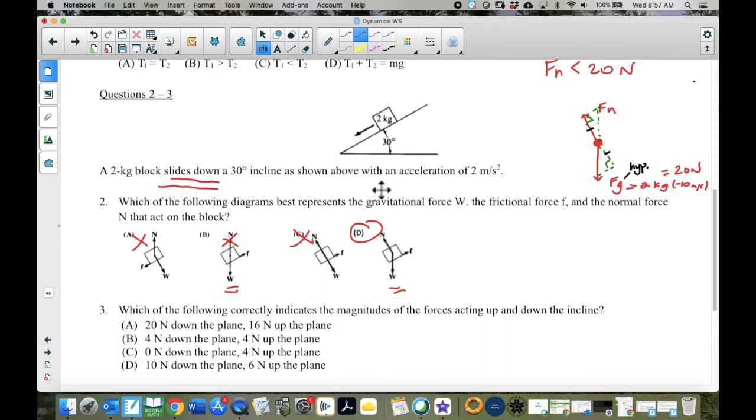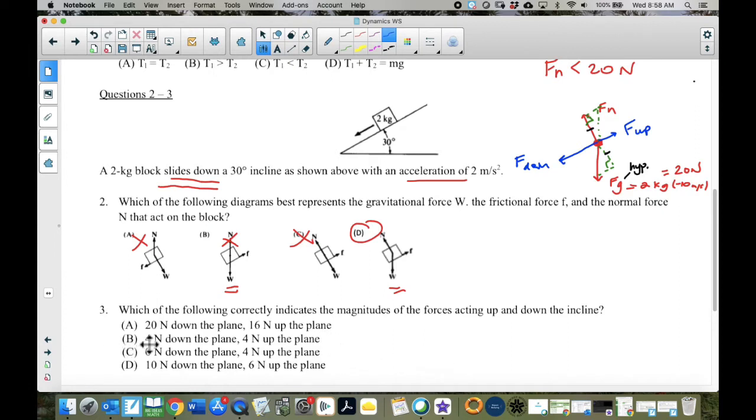If it is going that way, and has an acceleration in that direction, because it's going down the ramp, then the sum of the forces going down the ramp has to be greater than the sum of the forces going up the ramp. Otherwise, it wouldn't be moving or it'd be going up, which isn't happening. So I know the sum of the forces going down has to be greater than the sum of forces going up.